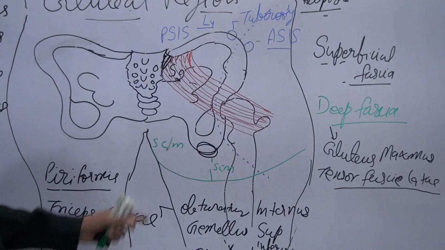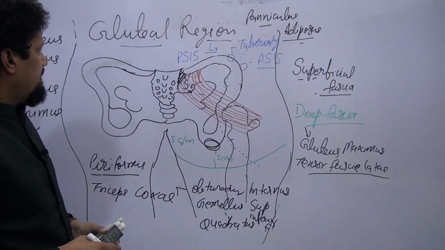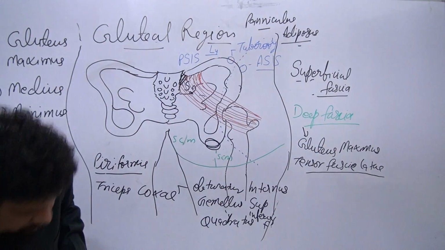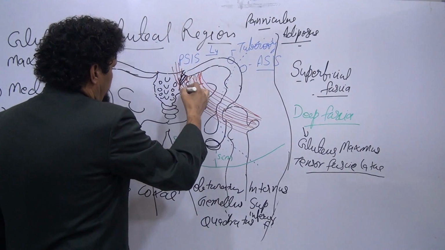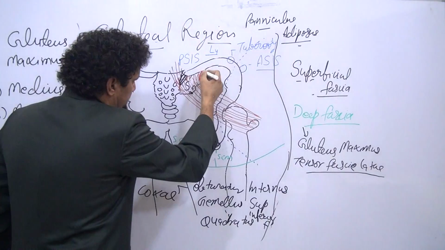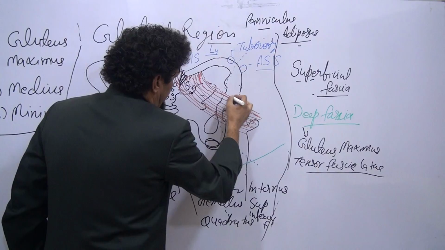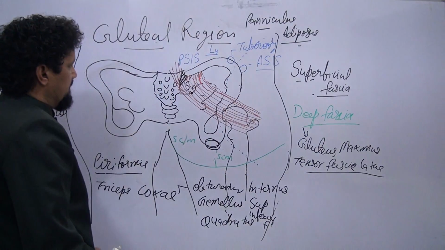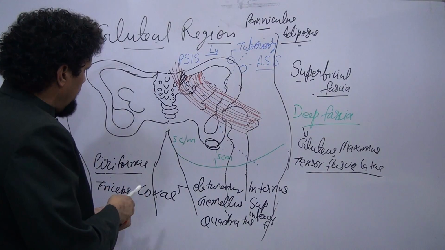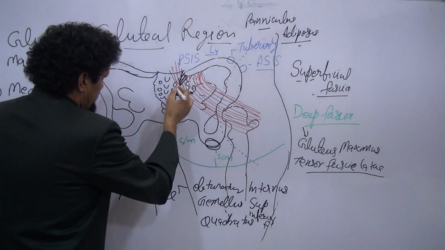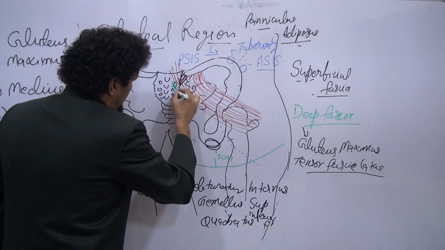Some fibers are coming from the thoracolumbar fascia covering the erector spinae muscle, and some fibers are coming from the gluteal aponeurosis, which is covering the gluteus medius muscle. The fibers which are deep and upper are coming from the posterior surface of the sacrum.